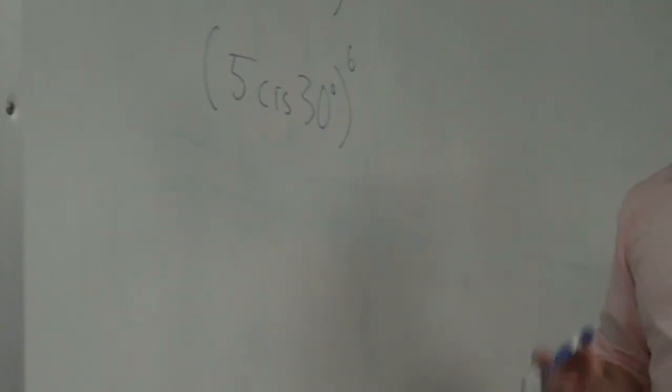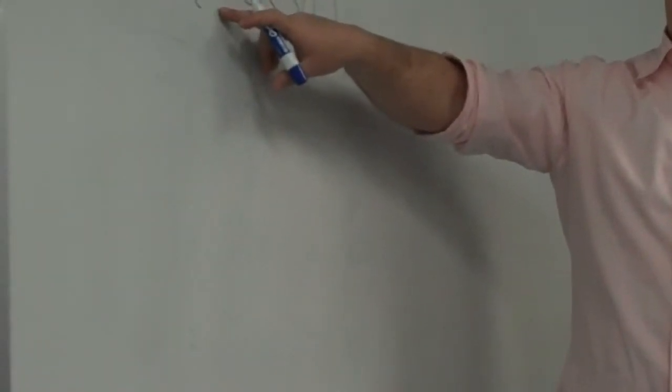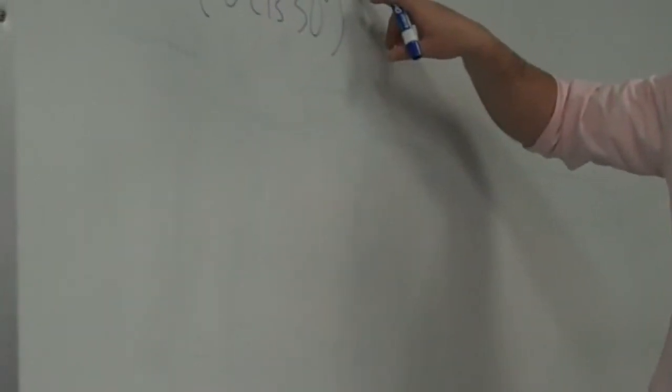Okay, now 5 cis 30, here's the rule. You raise the r, your absolute value, your length, to the power, and you multiply the exponent by the angle. So this equals 5 to the 6th power.